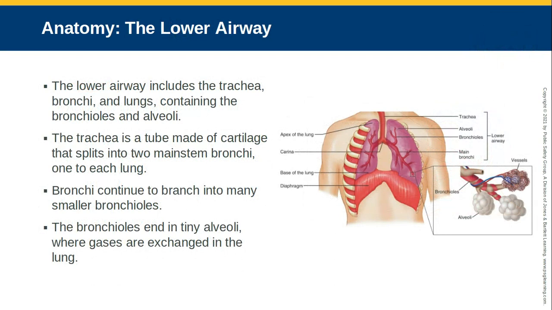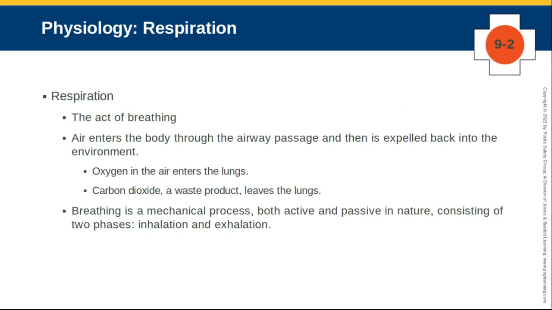The high surface area of the alveoli allows for the exchange of gases to occur. So when respiration occurs, essentially oxygen is going to enter the lungs at a much higher concentration and exchange with carbon dioxide that may be on the hemoglobin in the blood, which is at a lower pressure in that case.